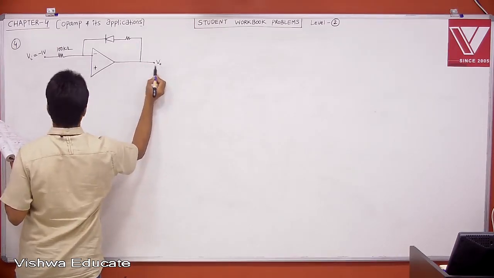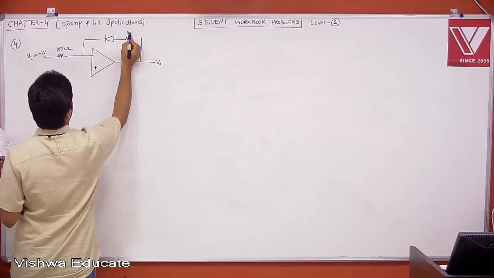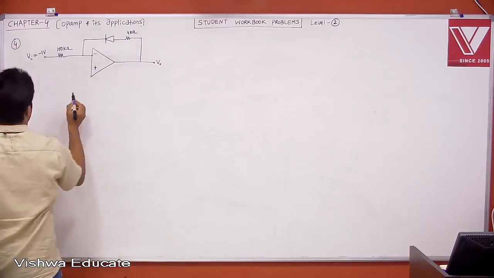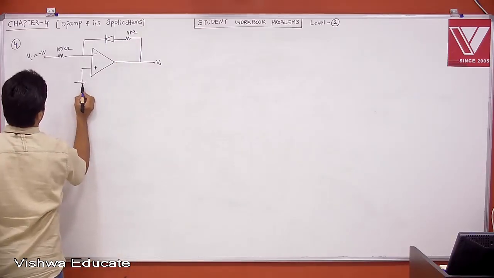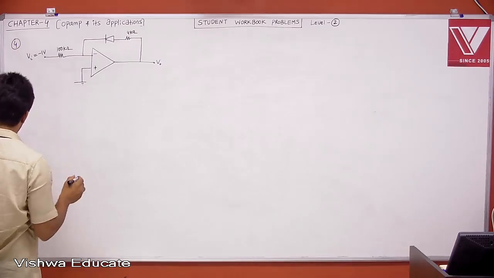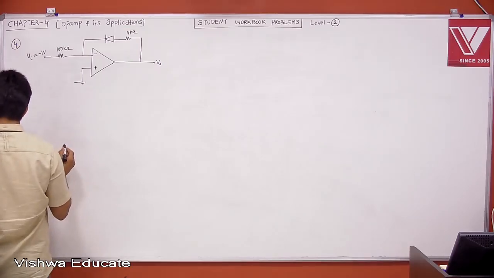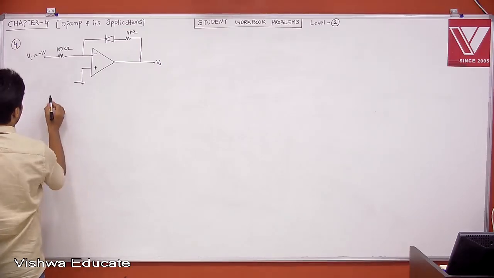This is what your V naught, and this is 4K. This is what is given, and the current which is flowing through I is given.